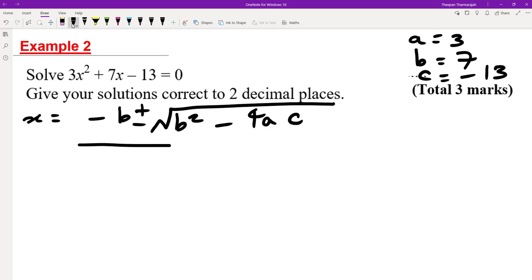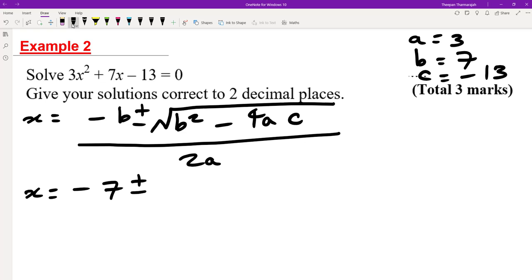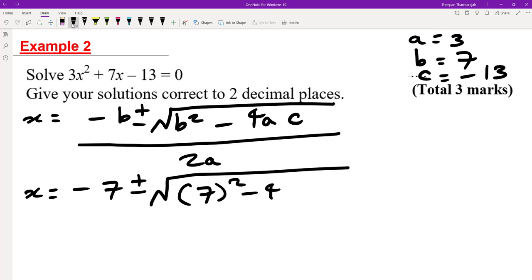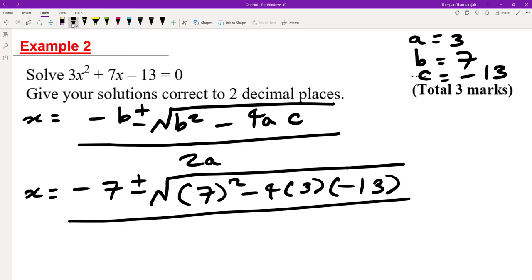We're going to divide everything by 2a. So x, and now we can substitute straight away. So we get minus 7 plus or minus the square root. Please use brackets when you substitute. So 7 squared minus 4 times 3 times minus 13. And this is all going to be divided by 2 times 3.